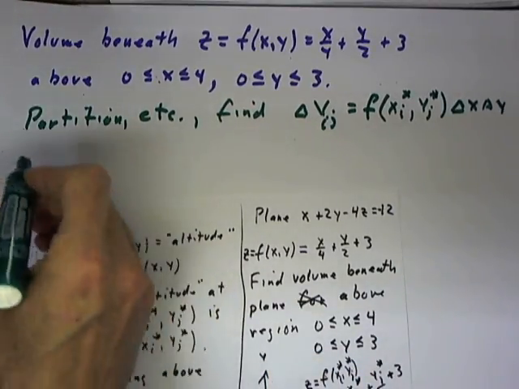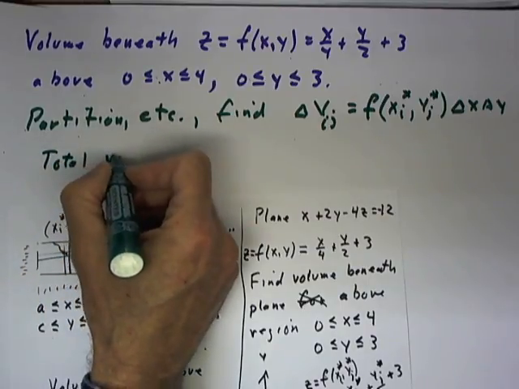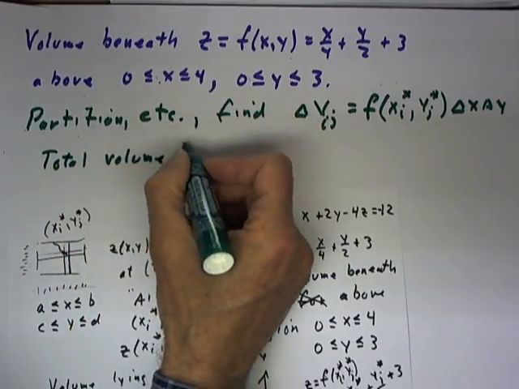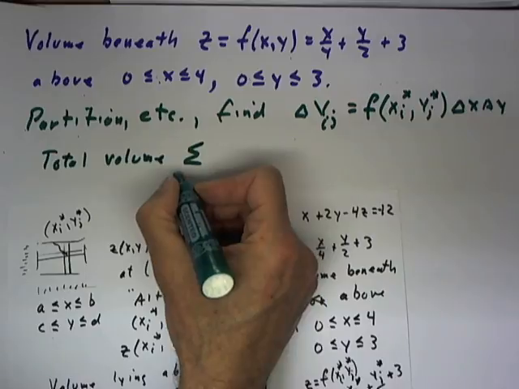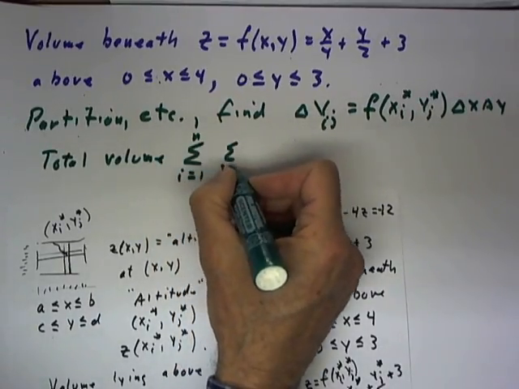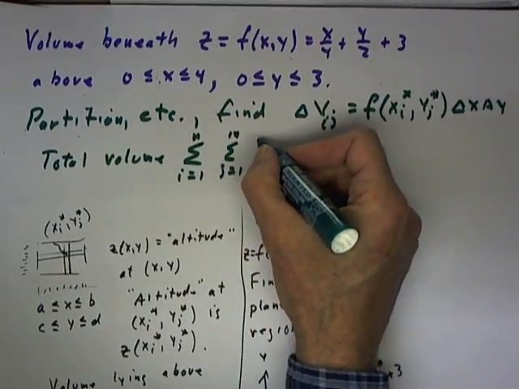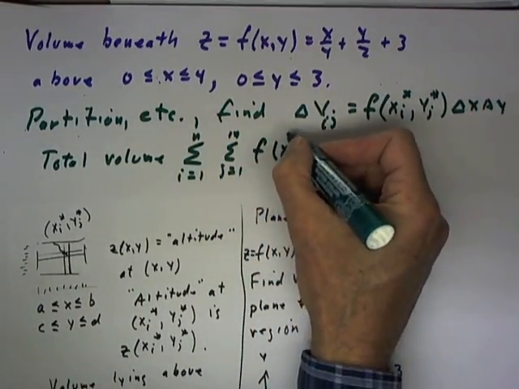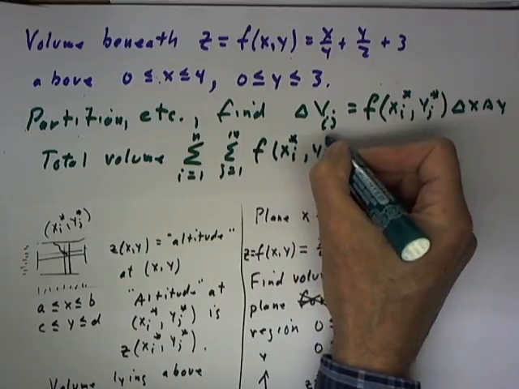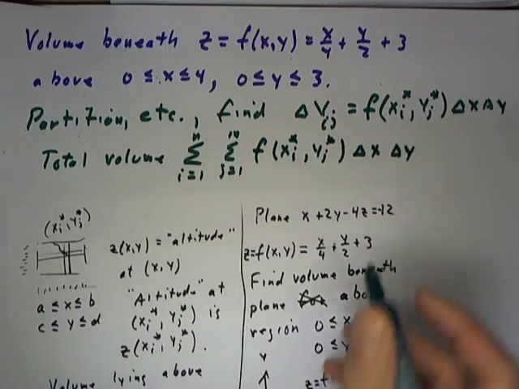And that leads us to the total volume expression, sum from i equals 1 to n, sum from j equals 1 to m of f of xi star yj star delta x delta y.